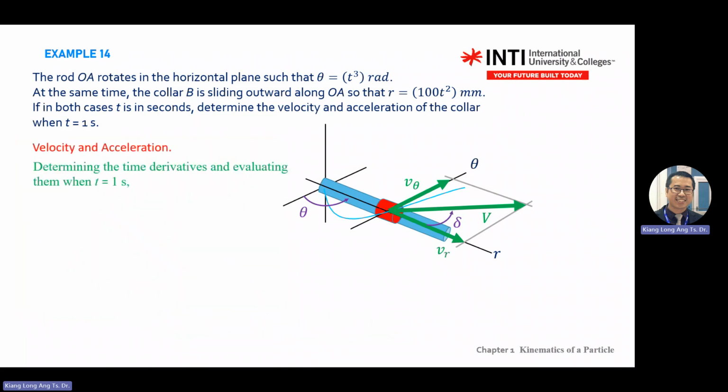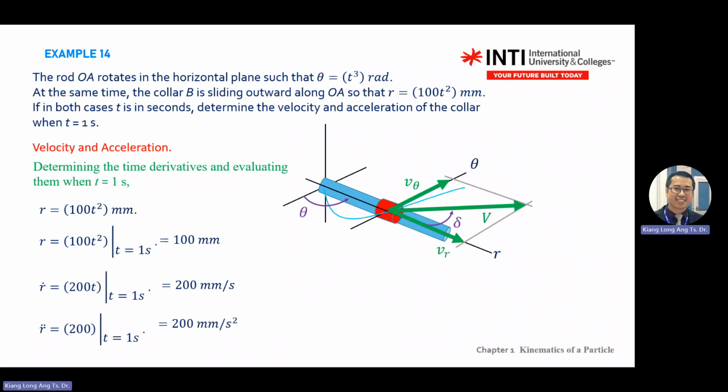Once you do this, the question gives you a time for a reason. It means it asks you to substitute at that particular time. So you do your differentiation, then substitute time, 1 second here. r equals what? r dot equals what? r double dot equals what?